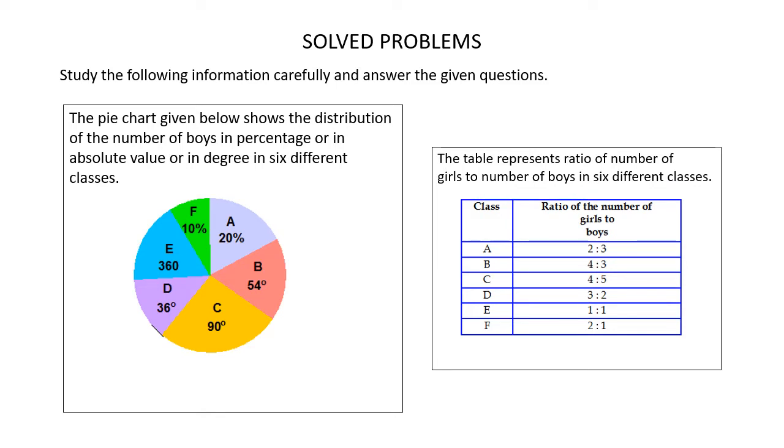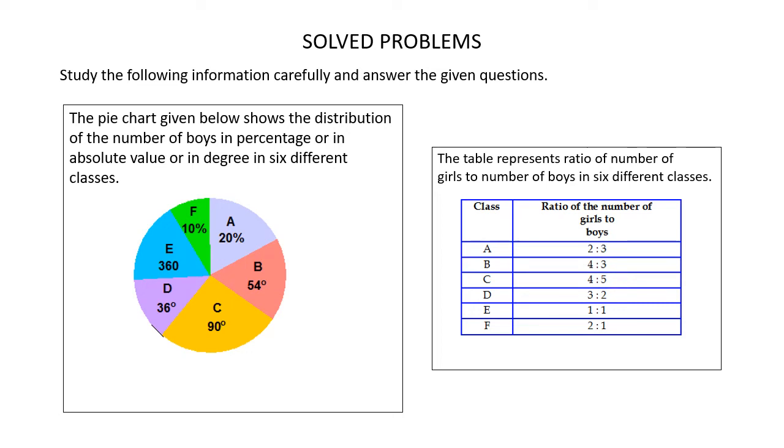So the column in this table gives the ratio of the number of girls to boys, and each row is for the different classes A, B, C, D, E and F. So in class A, the ratio of number of girls to boys is 2:3. For class B, the ratio of number of girls to boys is 4:3. For class C, the ratio of number of girls to boys is 4:5 and so on.